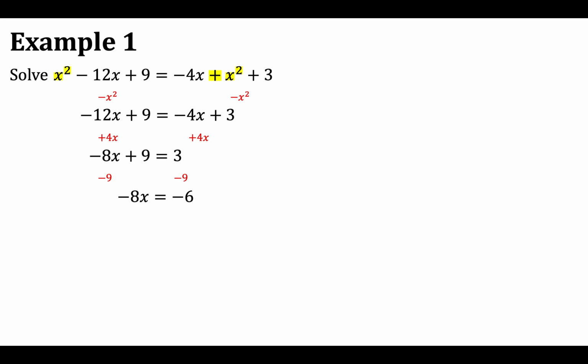And currently my negative 8 is multiplying my x. I want x on its own. So that means I need to divide both sides of the equation by negative 8. On the left hand side, that will leave me with x. And on the right hand side, negative 6 over negative 8 is 3/4 if we fully simplify that equation.